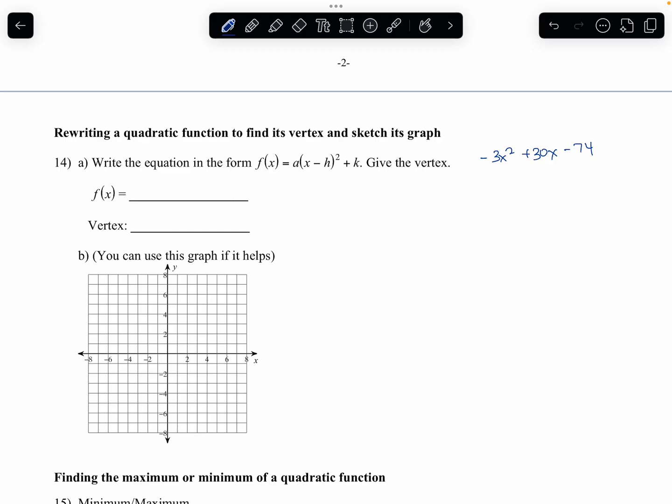Okay, so we're going to write this in vertex form. If you guys remember, we talked about in class, this is in standard form. So to write it in vertex form, we need to find the axis of symmetry. The equation for that is x is equal to -b over 2a.